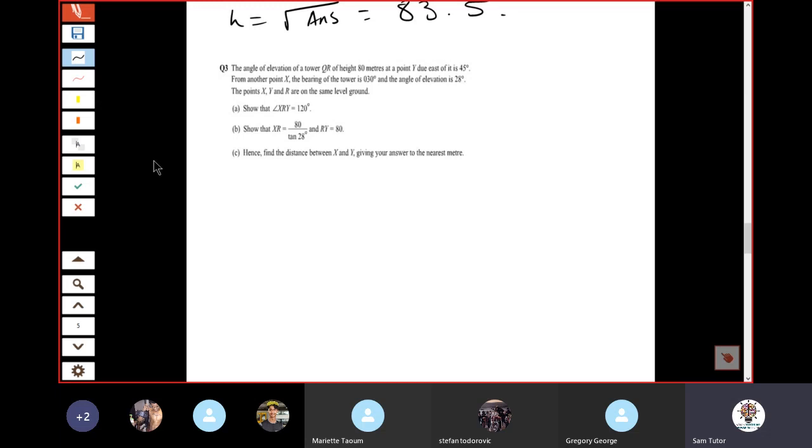Okay, let's do this. The angle of elevation of a tower QR of height 80 meters, at a point Y due east of it, is 45 degrees.